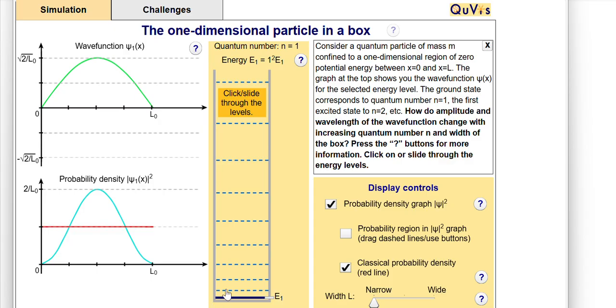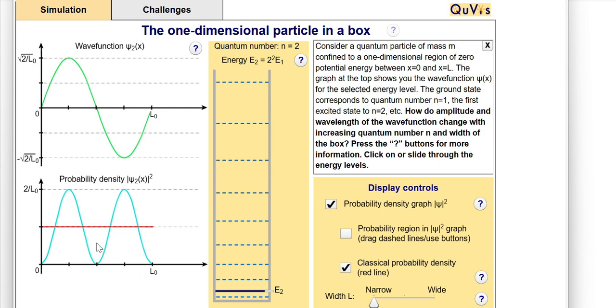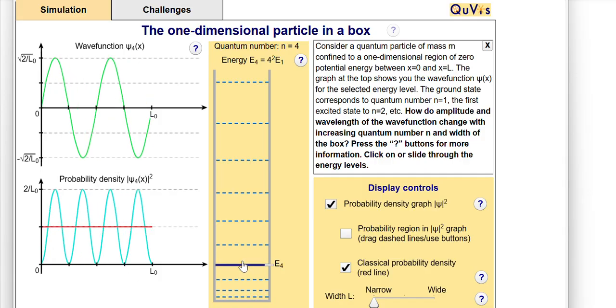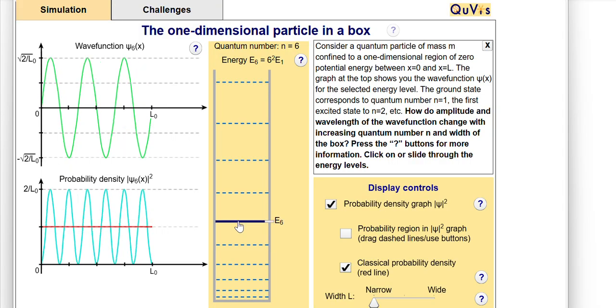This is not the same if I change the energy state to 2. Now, the electron is unlikely to be found in the center. Let's assume it's an electron. It's likely to be found here or here, and so on and so forth, with 3, 4, 5, 6, as many as you want.